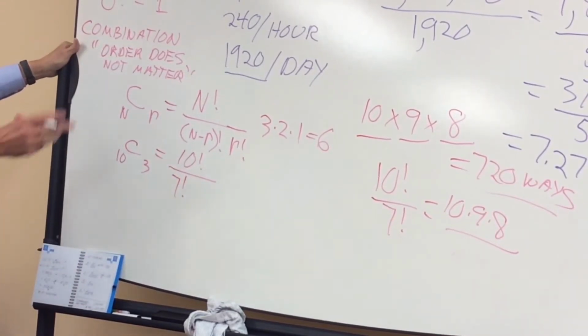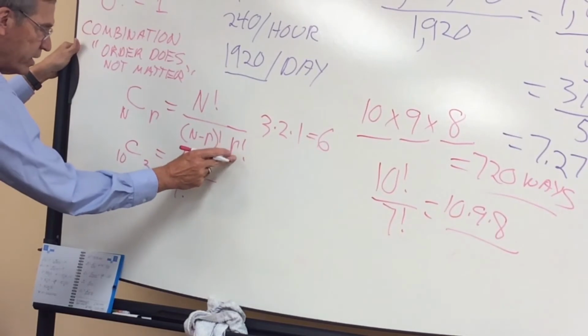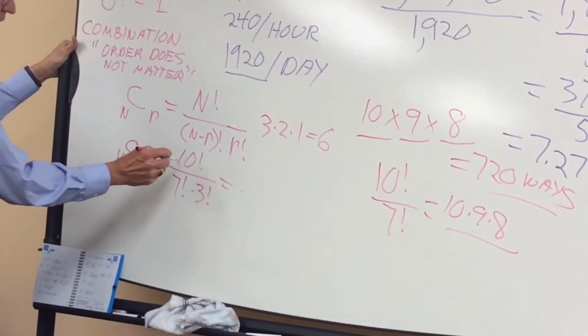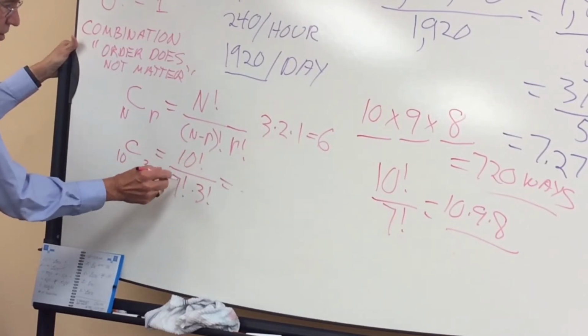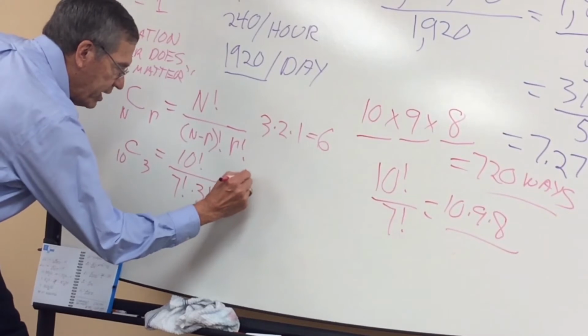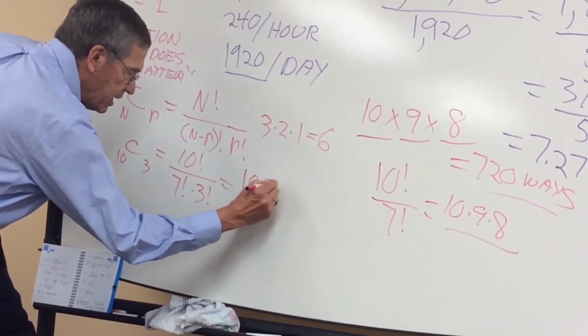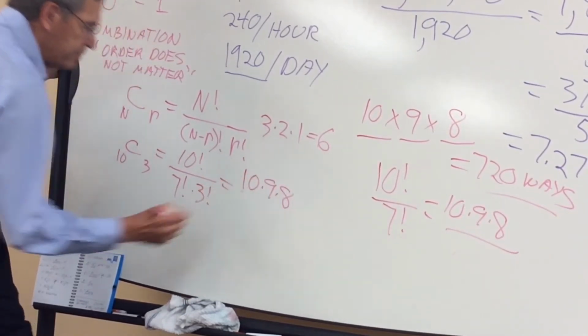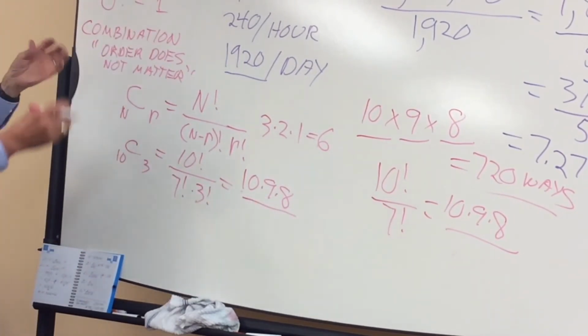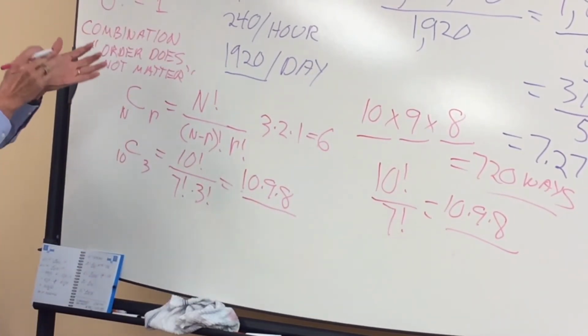That's the same as we did before. But now we have to put in 3 factorial. Then the 10 factorial, the bottom part of that is canceled out by the 7 factorial. So remaining on the top, we have 10 times 9 times 8. And on the bottom, we have 3 factorial, which is 3 times 2 times 1.